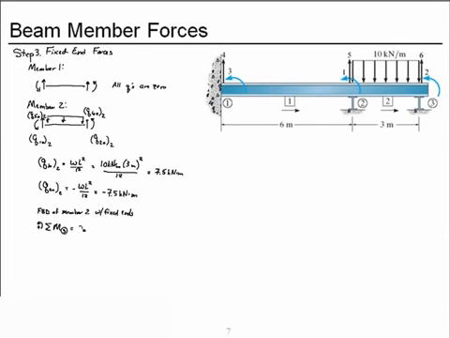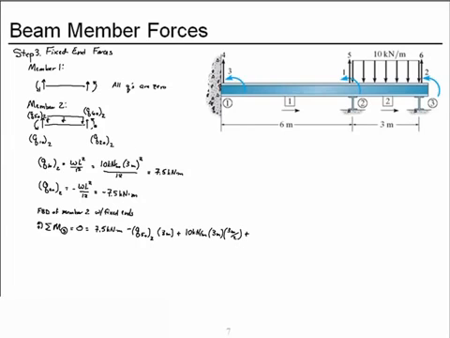Take counterclockwise as positive for my summation, and I get a contribution from the moment at the left end, a positive 7.5 kilonewton meters, a negative contribution from the shear at the left end, degree of freedom 5, acting through the length 3 meters, a positive contribution from the uniform distributed load, acting over a length of 3 meters gives me the resultant at a distance 3 over 2 meters.